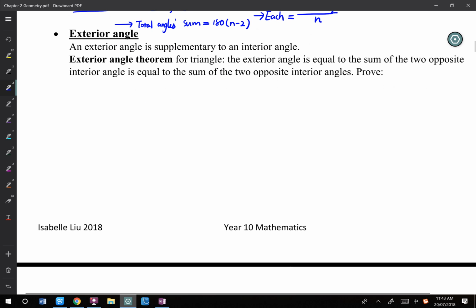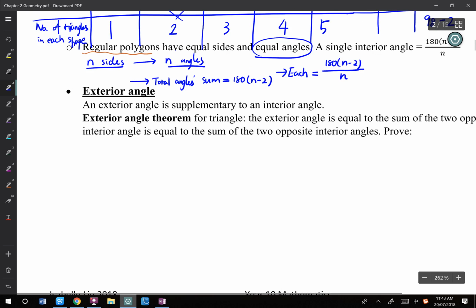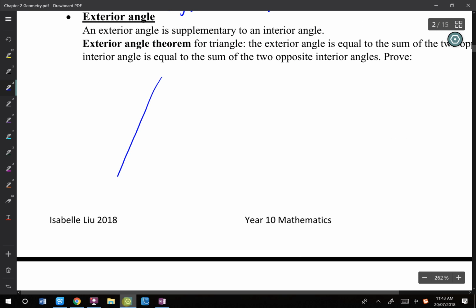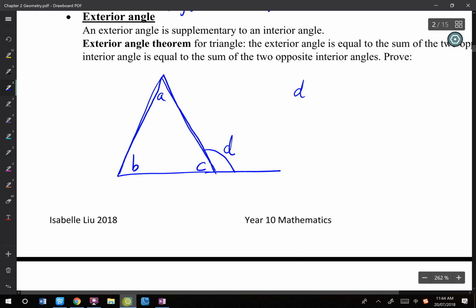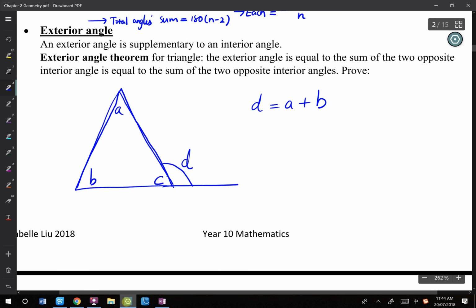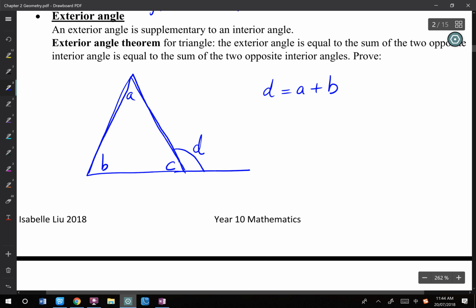Okay, next one. Exterior angle theorem. It talks about the triangle. If I have angles A, B, C, and this angle D is the exterior angle of angle C, the outside angle, then D equals A plus B. So the exterior angle equals the sum of the two opposite interior angles.